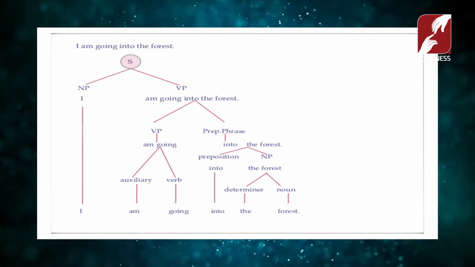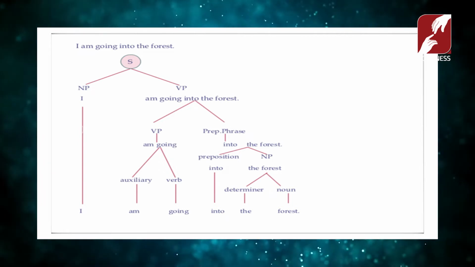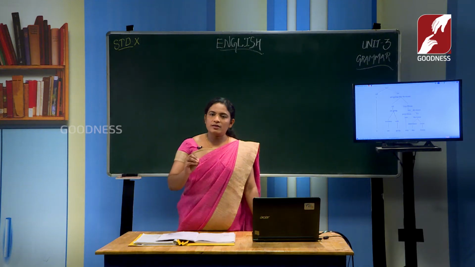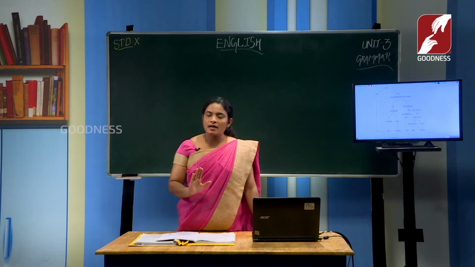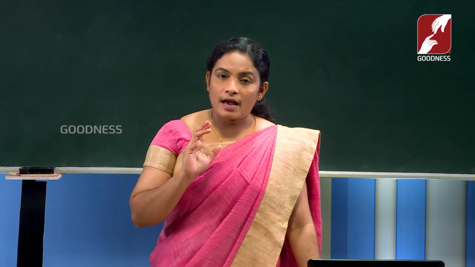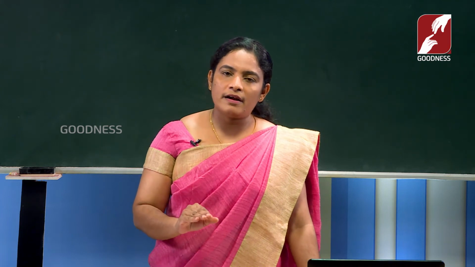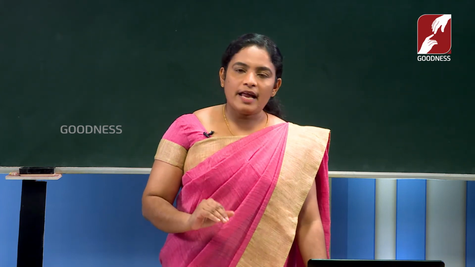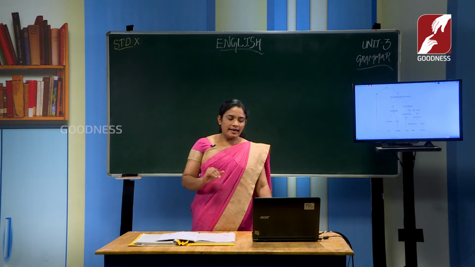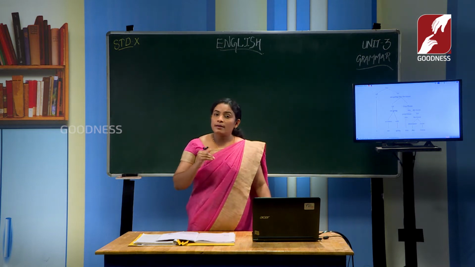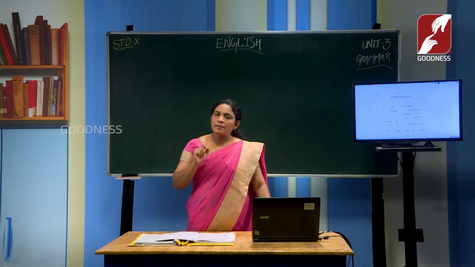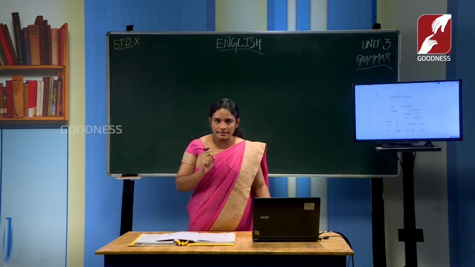Into is the preposition, and the other words are the forest. The is the determiner. The articles, demonstratives, and possessives all together come under the determiners. And forest is the noun. So which is the prepositional phrase here? Into the forest is the prepositional phrase from this sentence.